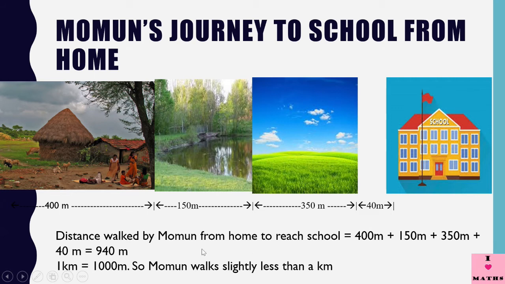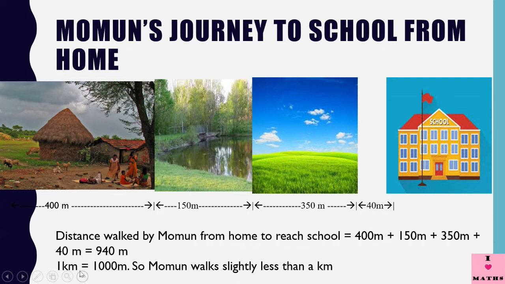So, distance walked by Momon from home to reach school is equal to 400 meter plus 150 meter plus 350 meter plus 40 meter, which is equal to 940 meters.